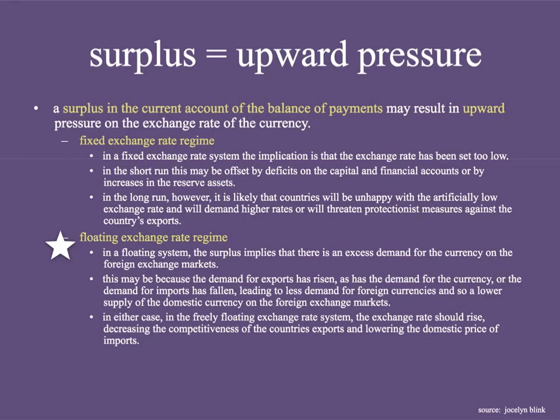What does that mean? Well, that means that in a floating system, the surplus implies there's an excess of demand for the currency on the foreign exchange market. How do we know that? Well, we know that because there's more money coming into the United States than is going out.